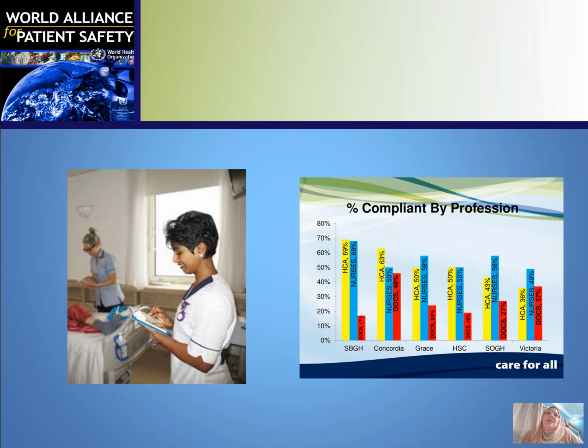They look at nurses, healthcare professionals, and doctors, and see what the adherence rate is on each of the wards. You see the names of the wards at the bottom, and you can see that doctors are not doing very well here. They are all below 50% with their adherence rates, and nurses and healthcare assistants actually do much better.